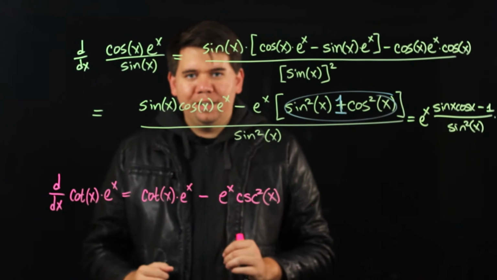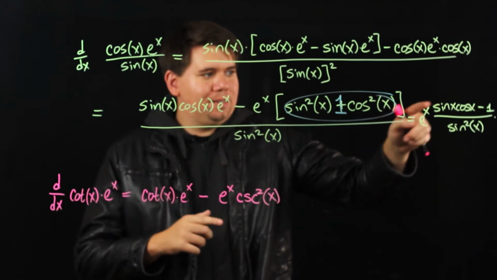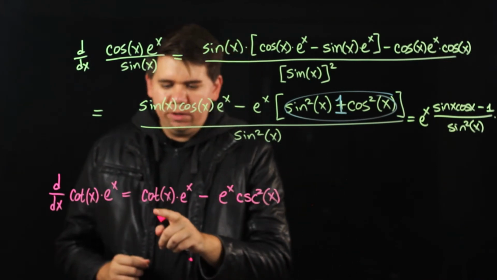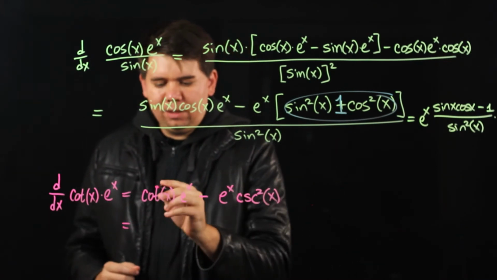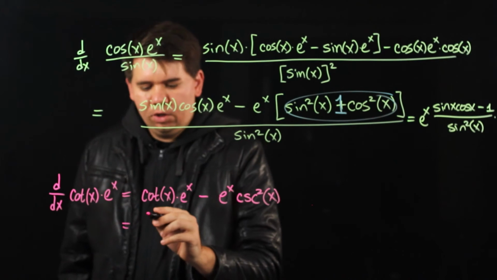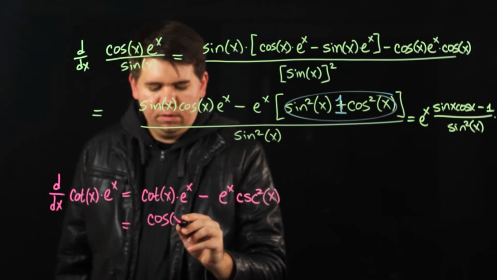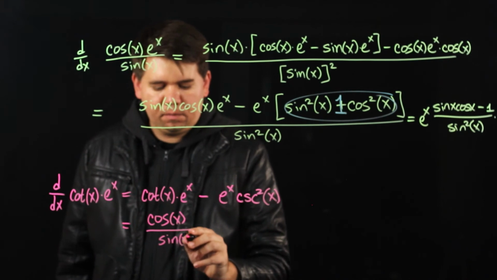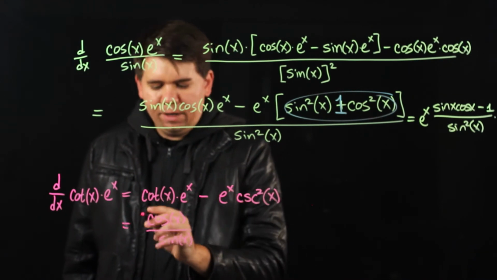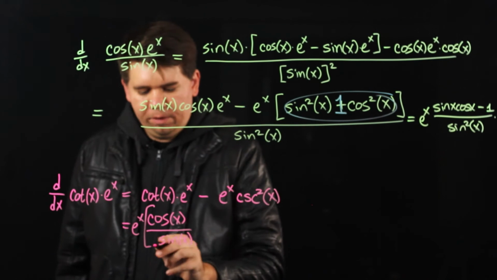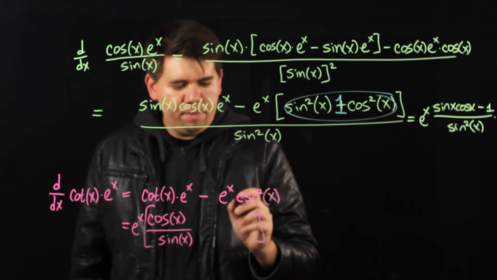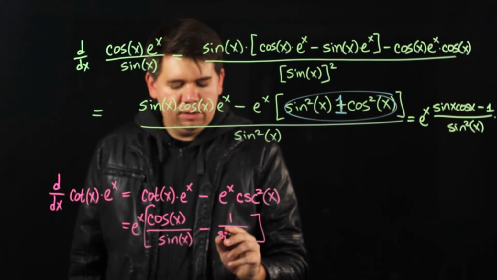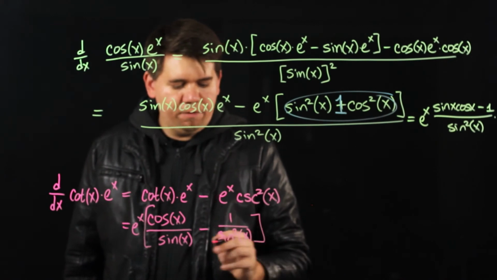That's it. Now you might be worried, didn't we get different answers in these two problems? But stop and remember, cotangent is just the same thing as cosine over sine. I can factor out an e to the x from both these pieces. And my cosecant is just 1 over sine squared of x.